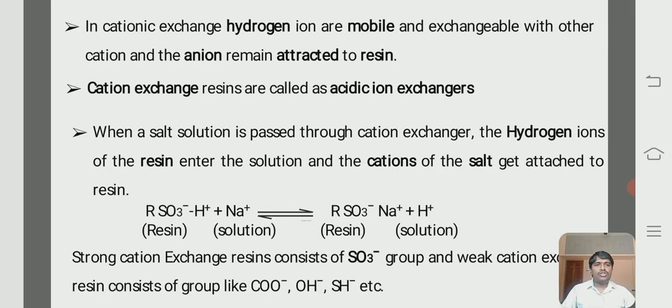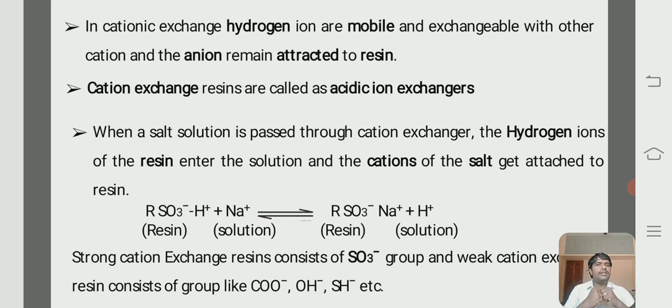In cation exchange resins, hydrogen ions are mobile and exchangeable with other cations, and the anions remain attached to the resin or polymeric matrix. So, cation exchangers contain acidic groups.